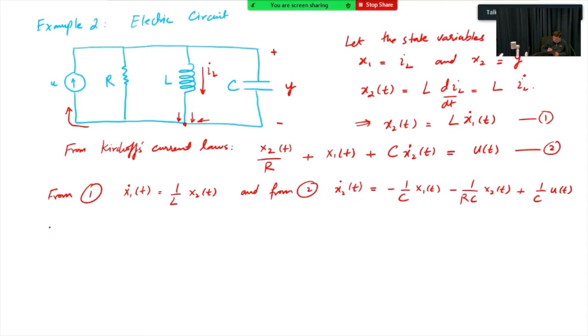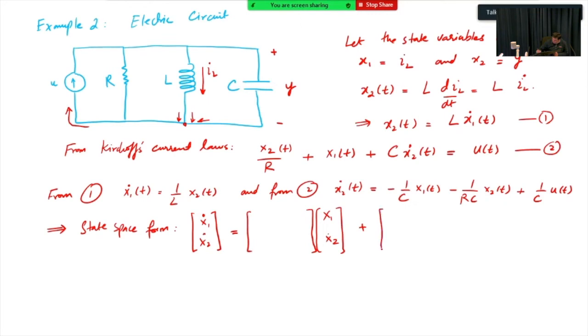Right, so if you want to convert this into state space form, x1 dot, x2 dot is equal to a linear combination of x1, x2, plus an addition of the input signal.